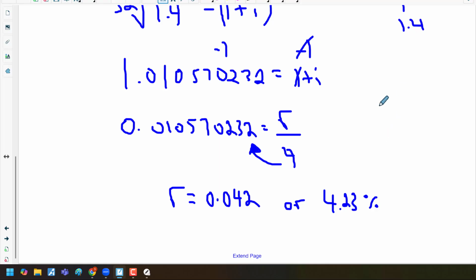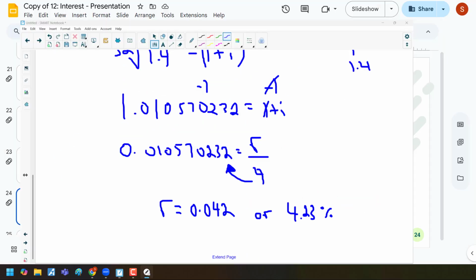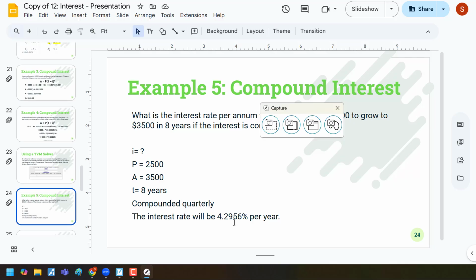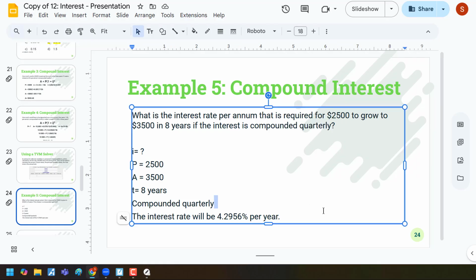So this is what the interest rate has to be for your investment to grow from 2,500 to 3,500. You have to have something that pays out 4.23%. And they have 4.29. Once again, this is a rounding error. Make sure you are not rounding and figuring this out.